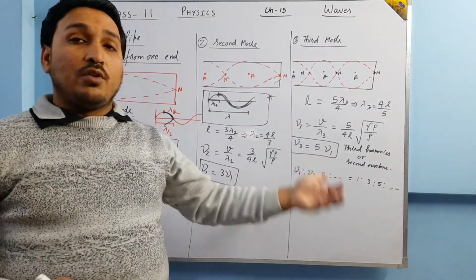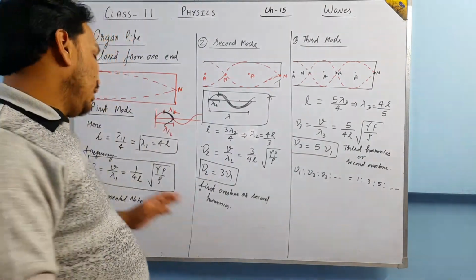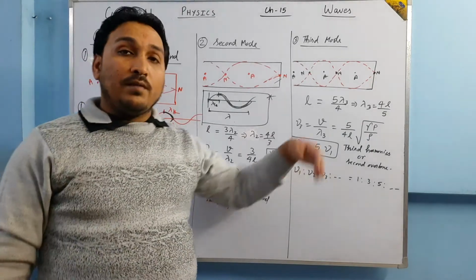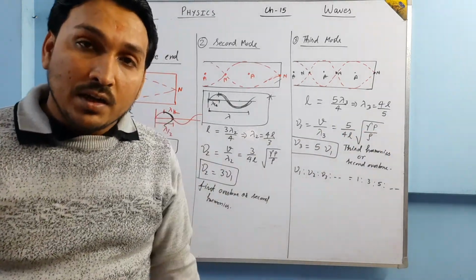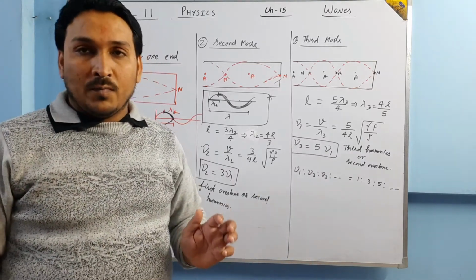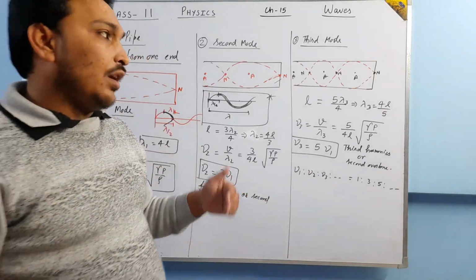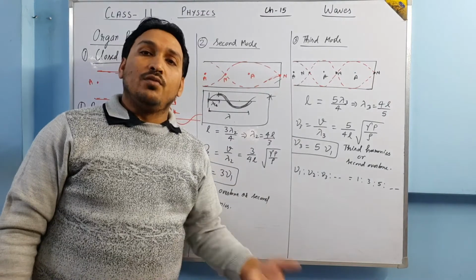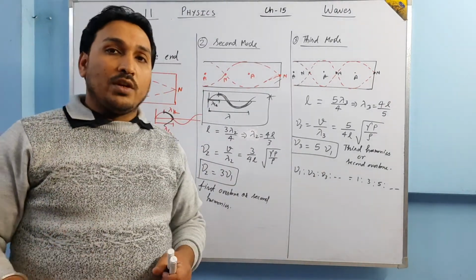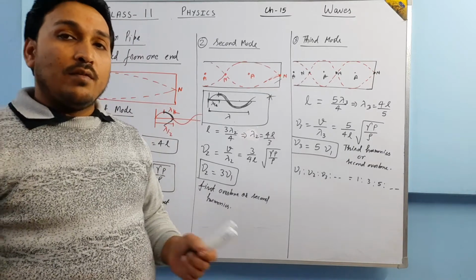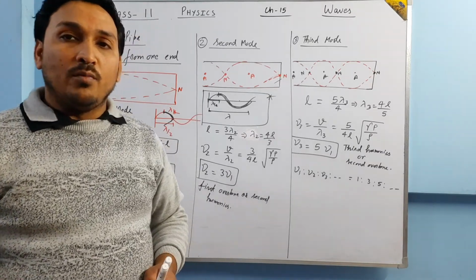Suppose someone asks what is the fourth harmonic. So see, this is 1, this is 3, this is 5, that is going to be what? 7. So it is going to be 7 times nu1. Okay, so we'll do accordingly. The number which we have been asked, we'll do accordingly. Okay, so now I'll put one animation so that you can understand, and then after that we'll do the organ pipe open at both ends.